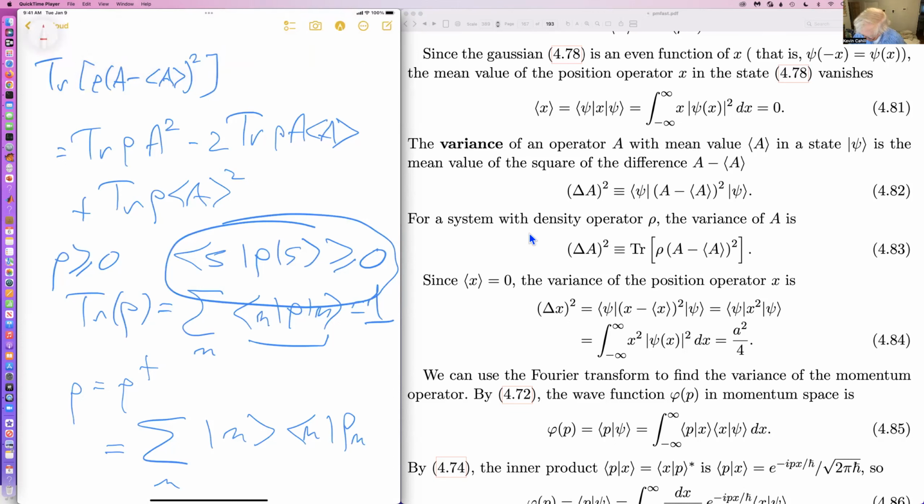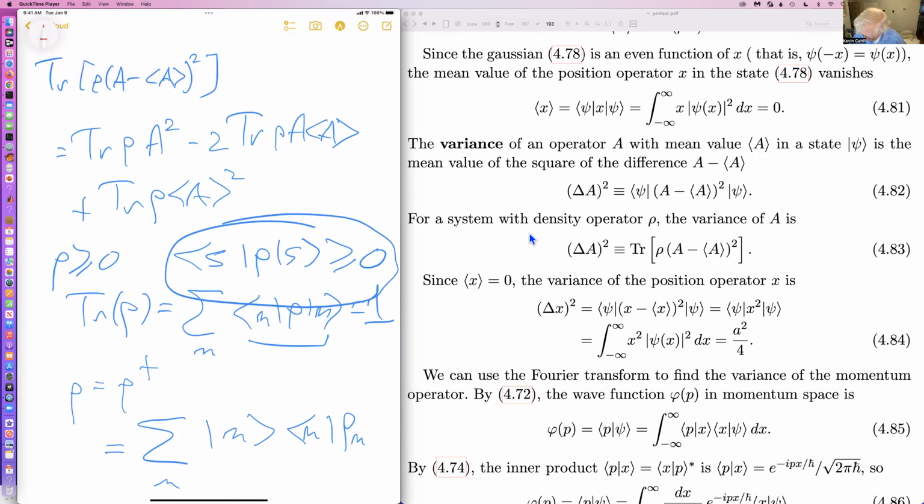And so combining these two, they're equal to minus trace rho. Well, trace rho is itself that, and so this is just the absolute value of A squared.